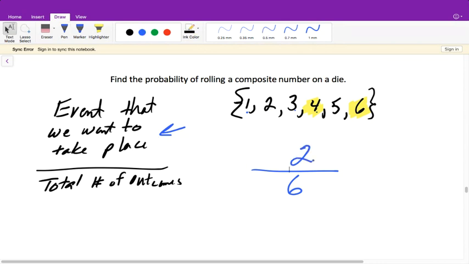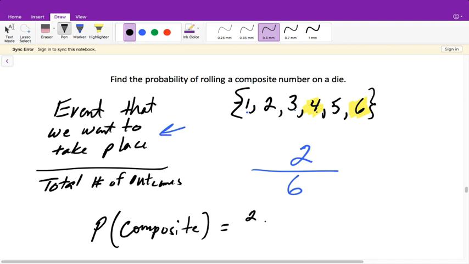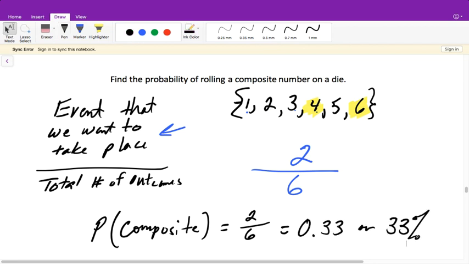So it's going to be 2 over 6. The way that you will write this, it'll be P for the probability, and I'm going to say composite, because that's what we're looking for, is equal to 2 over 6, but remember we want it as a decimal, so 0.33, or you can write it as a percent.